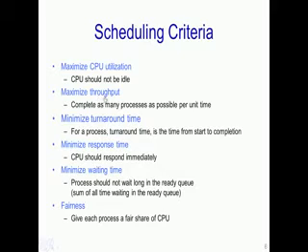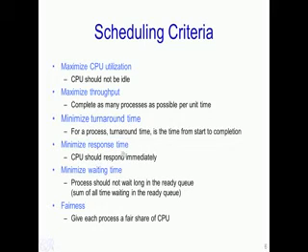Scheduling algorithms would try to complete as many processes as possible per unit time. A third criterion is the turnaround time, and this is looked at from a single process perspective. Turnaround time is defined as the time taken for a single process from start to completion.